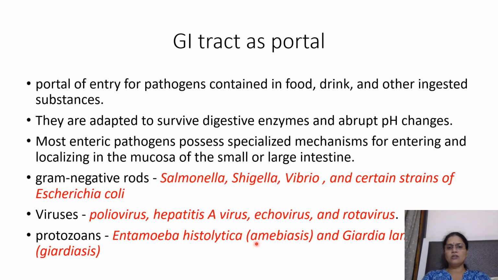This causes amoebic dysentery, whereas Shigella causes bacillary dysentery. Both are gastrointestinal infections, but depending on the organism involved, we give them different names. Another protozoan is Giardia lamblia, which causes giardiasis.